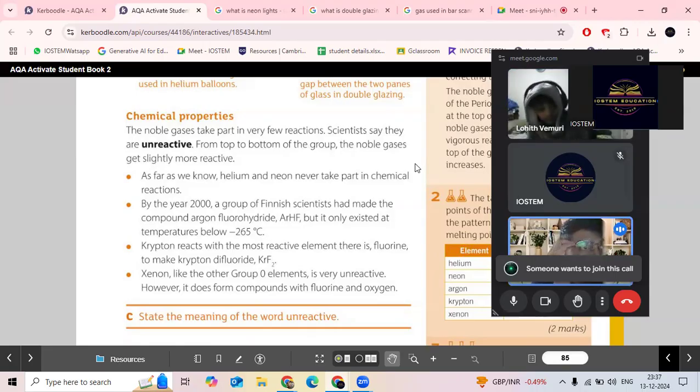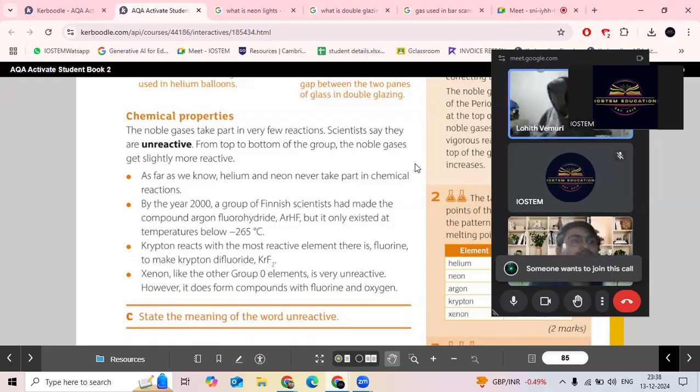Halogens are the most reactive elements of the periodic table. And if you compare within the halogens, which one is most reactive? Fluorine. So fluorine is the most reactive element in the whole periodic table.